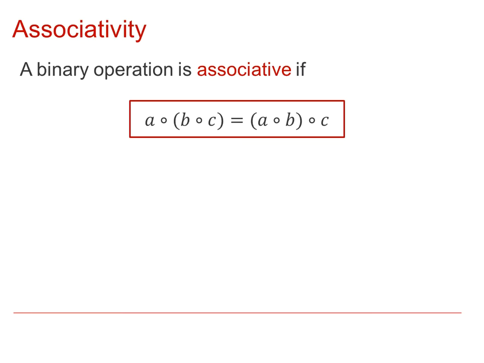Associativity is the property that we can put in brackets in any place, so we can change the order in which we combine things. Again, something that you'll be very familiar with from your arithmetic.